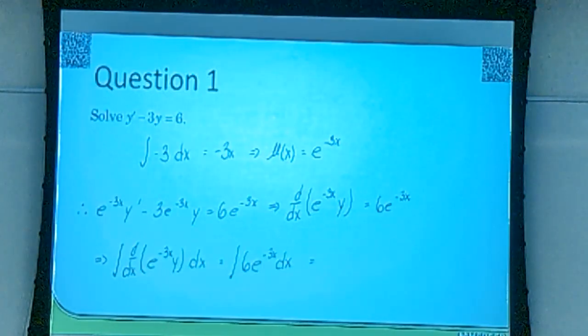What is the antiderivative of a derivative? The original function. It's the function you're differentiating. They undo each other, as long as it's with respect to the same independent variable.